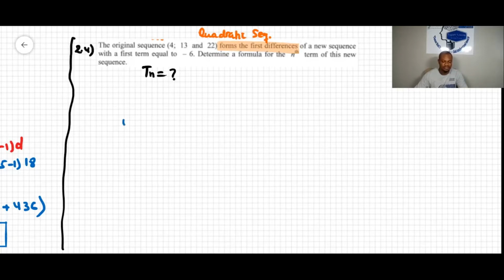Let's say the first differences are 4, 13, 22, 31, 40, etc. And the first term is -6.